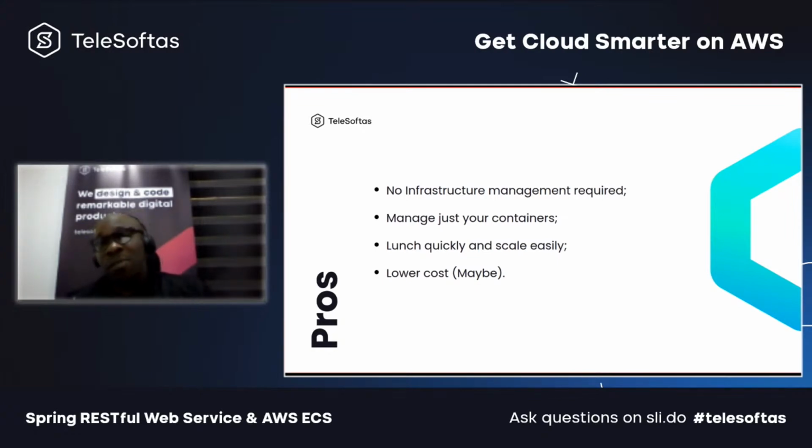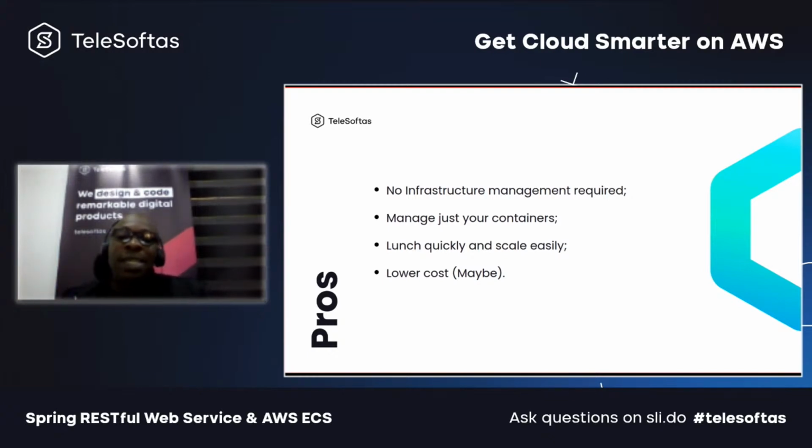You define which image to build your container from, you define the ports, the amount of CPU and memory, and other specific container things. It takes away from you all the tasks of managing your instances and whatever other things you have to run on your instances.